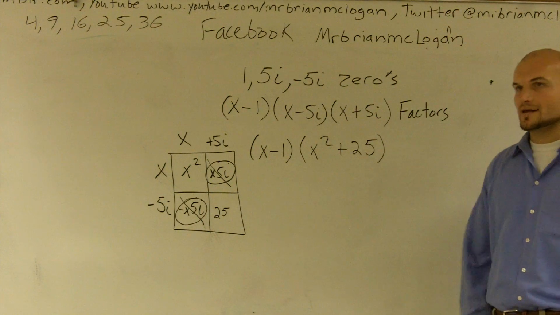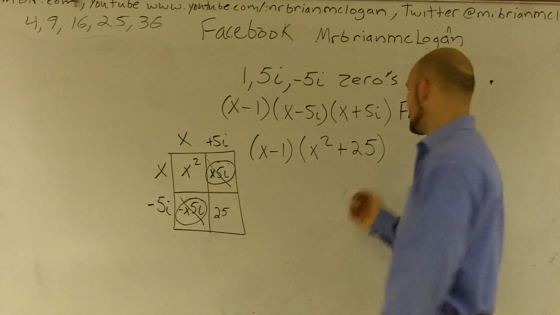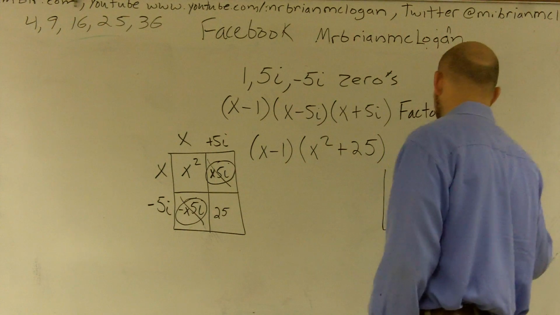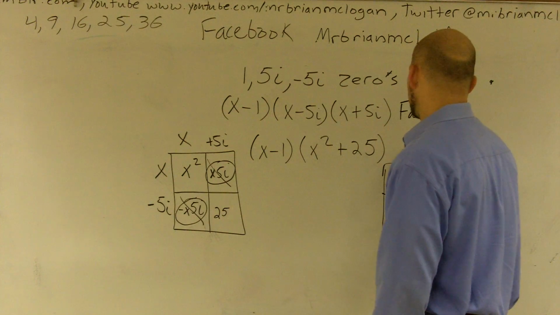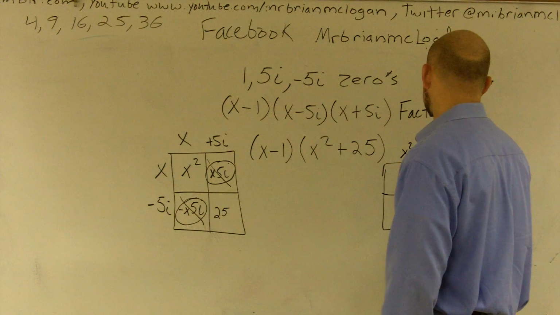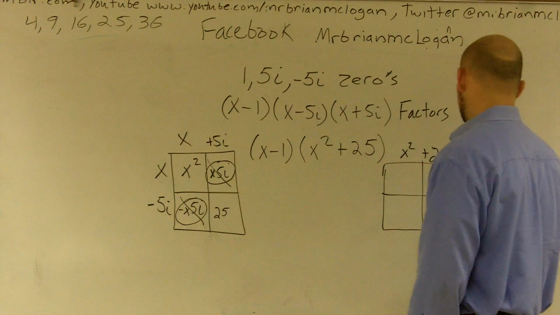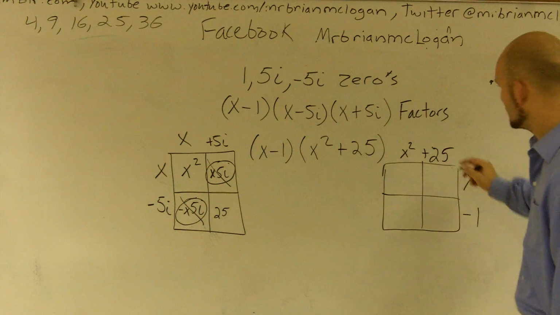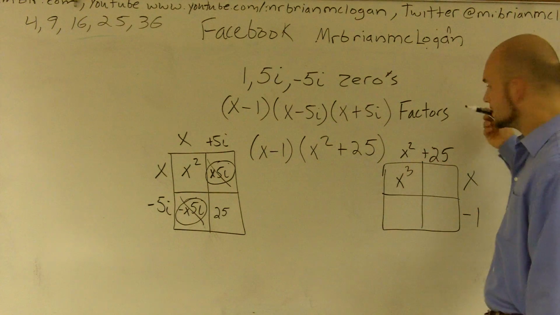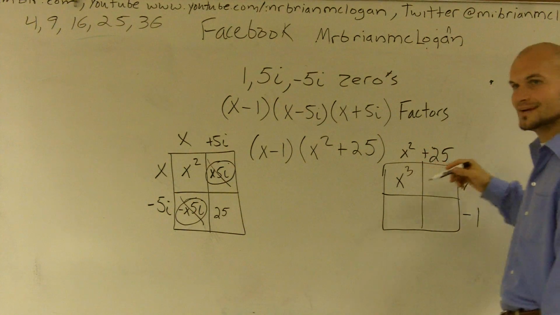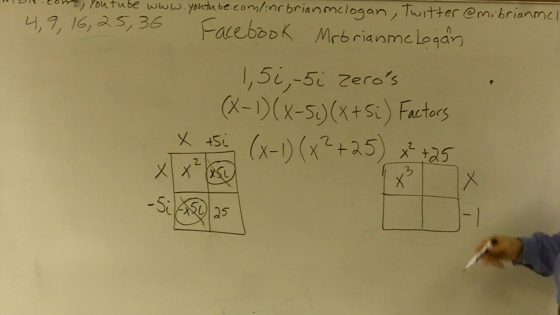So now we need to multiply them again. I'll just do the box method again. Why not? It's not hard. It's not like it's more work. x squared plus 25, and this one will be x minus 1. X squared times x is x cubed. I just have more room over here, and I didn't want to write over there.